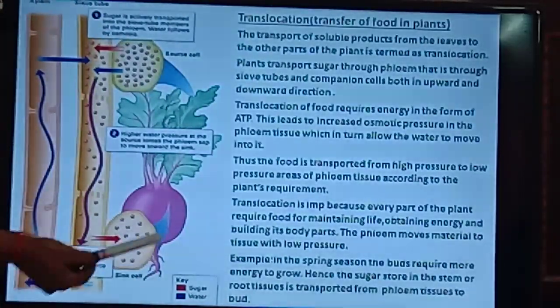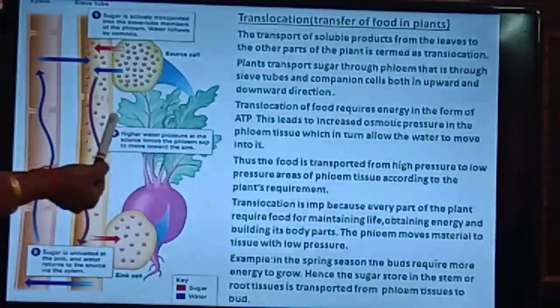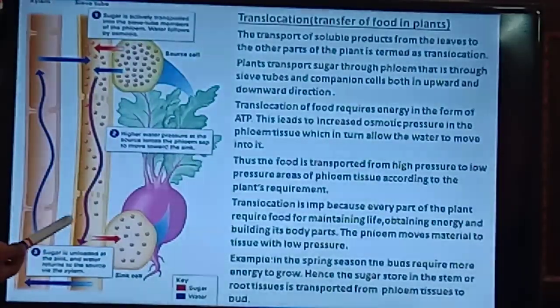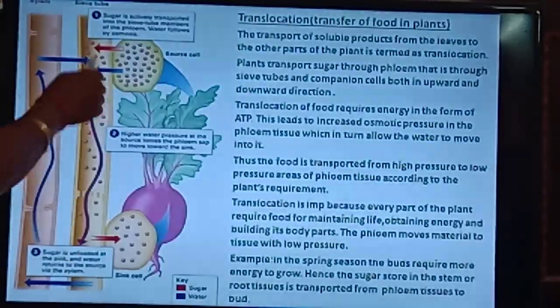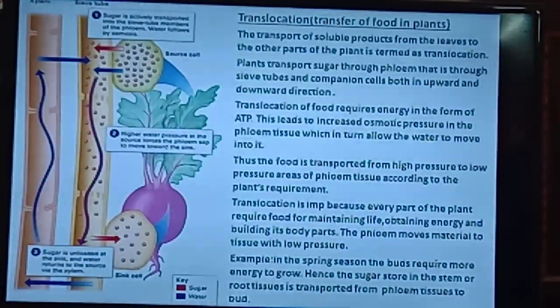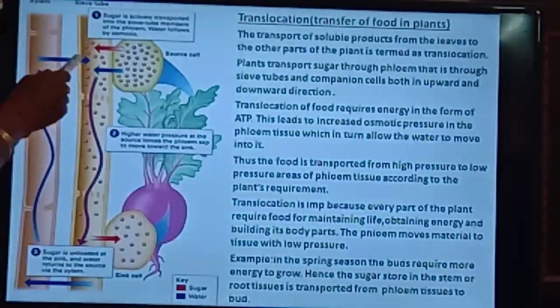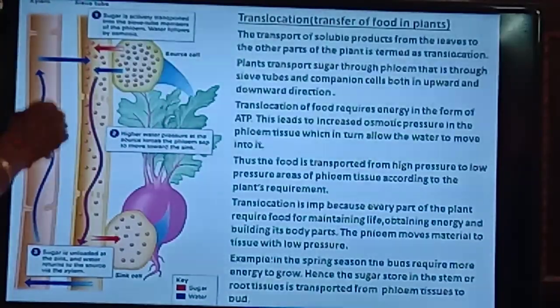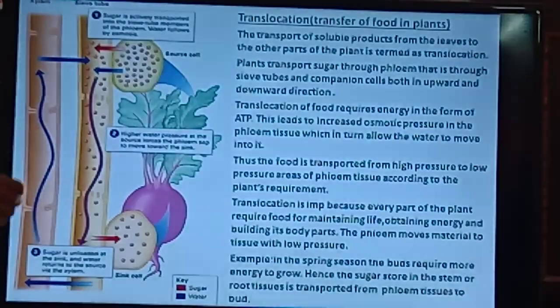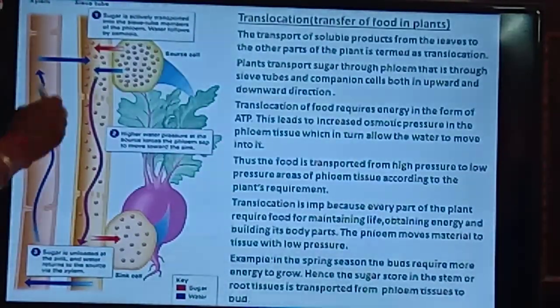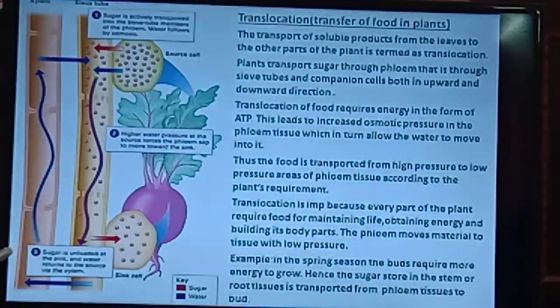In the same way, plants also need minerals and even food for maintaining life, obtaining energy and building its body parts. So the phloem moves material to tissue with low pressure. From high pressure, it is moving to low pressure according to the needs of the plant. The food is sent.